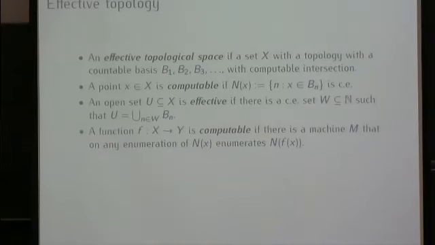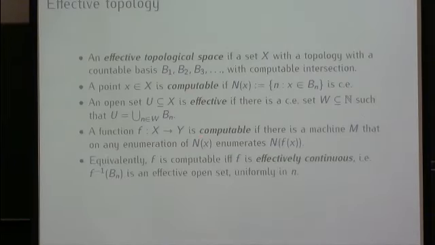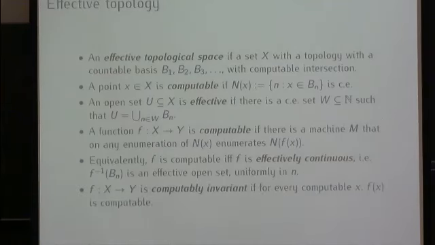A function is computable if from the neighborhoods of x you can compute the neighborhoods of f of x, and this is equivalent to being effectively continuous, which means that the preimages of basic open sets are effective open sets. A function is computably invariant if for every computable x, f of x is computable.